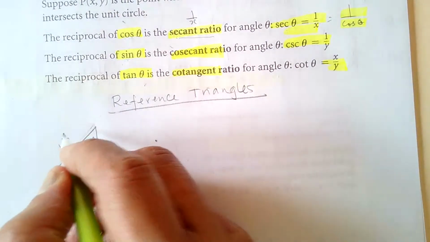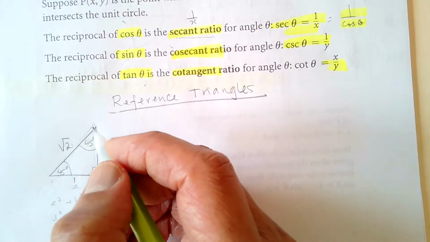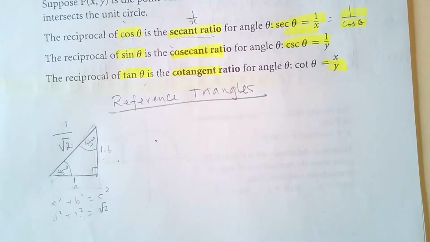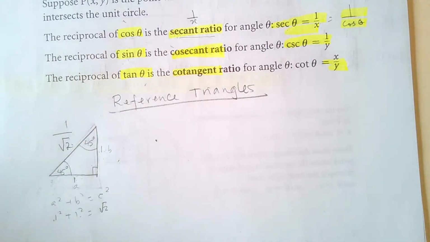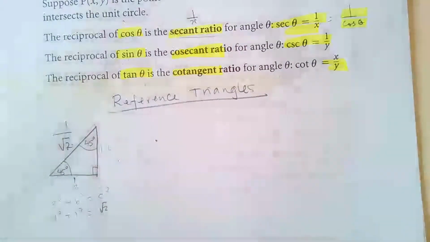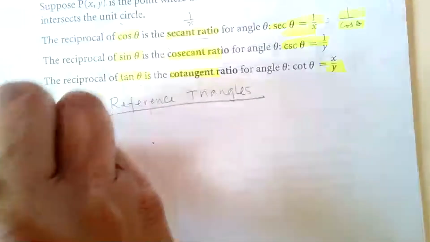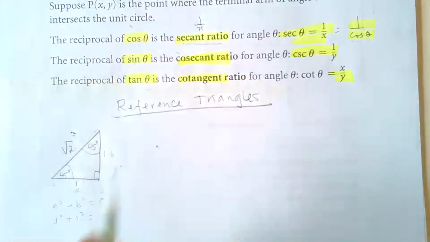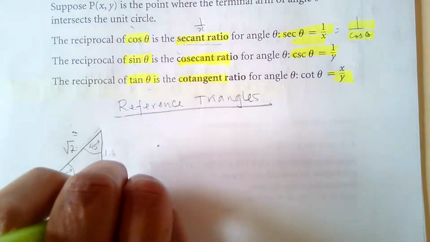This should be 1 over root 2. Okay. So let's look at this here.